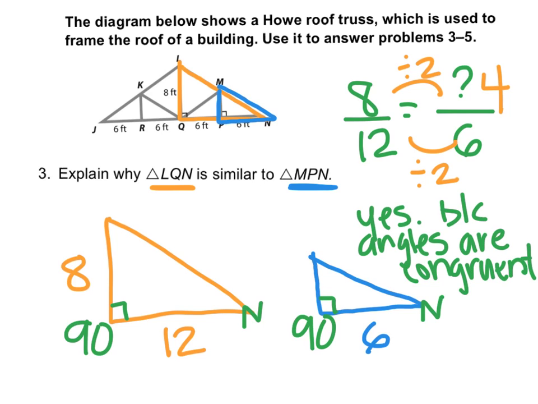Because they both have a 90-degree angle, and they're both using letter N as their other bottom angle. But also, we just figured out that the sides were proportional. And that would give me both reasons for why these two triangles are similar.